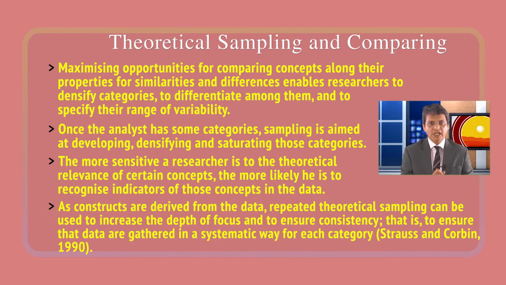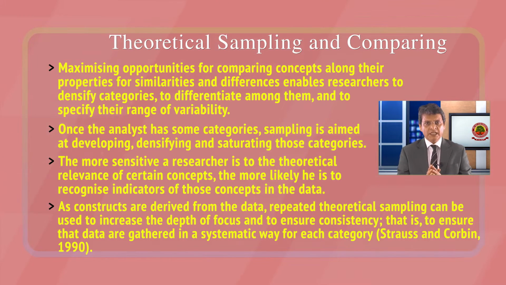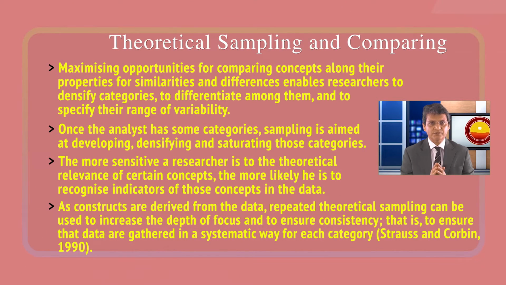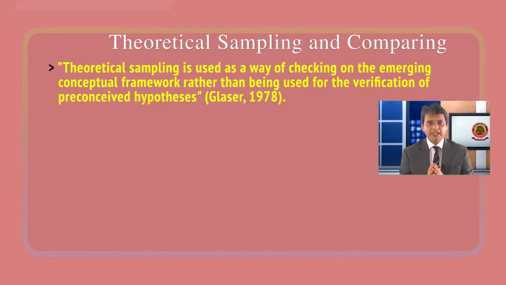As constructs are derived from the data, repeated theoretical sampling can be used to increase the depth of focus and to ensure consistency, that is, to ensure that data are gathered in a systematic way for each category. Friends, theoretical sampling is used as a way of checking on the emerging conceptual framework rather than being used for the verification of preconceived hypotheses.